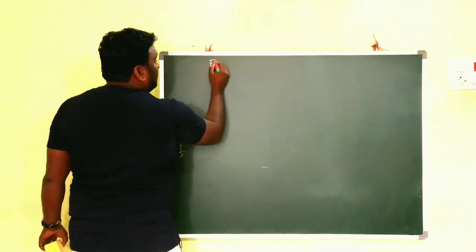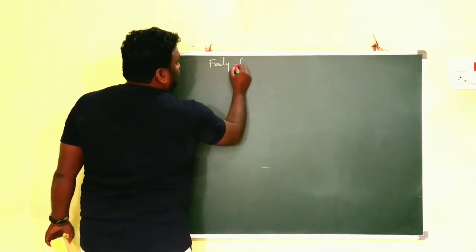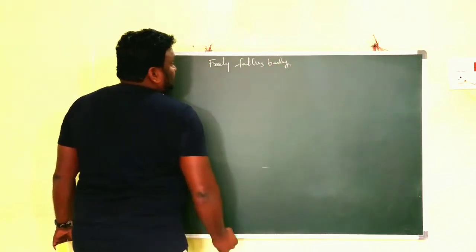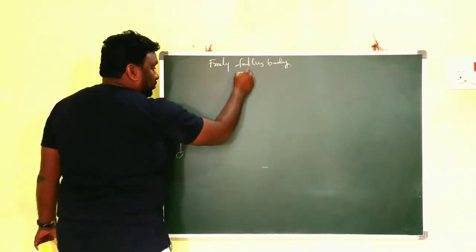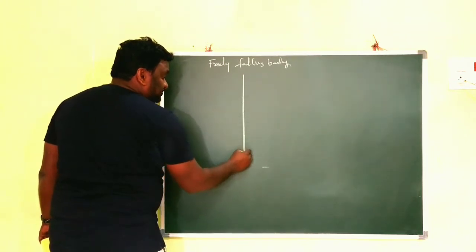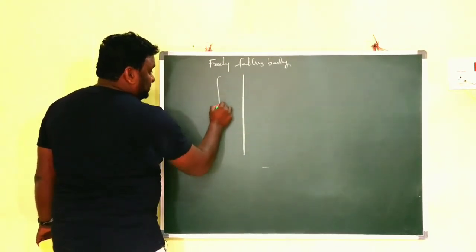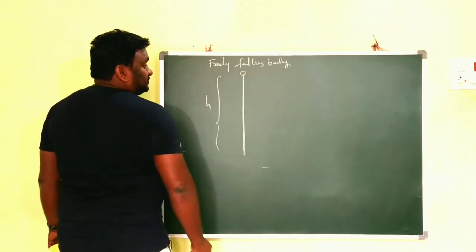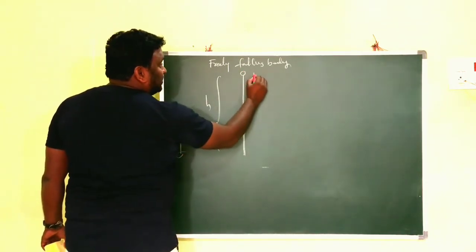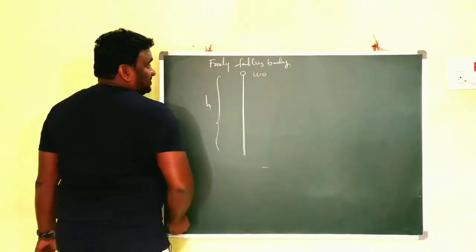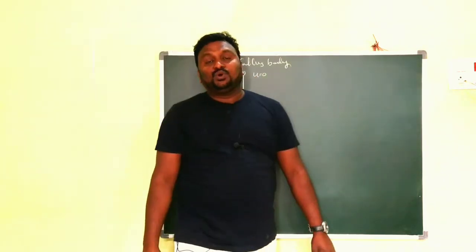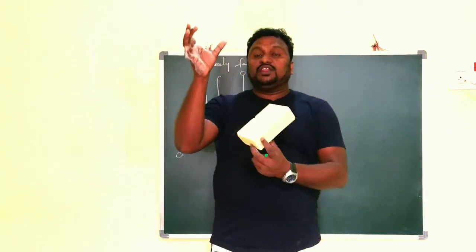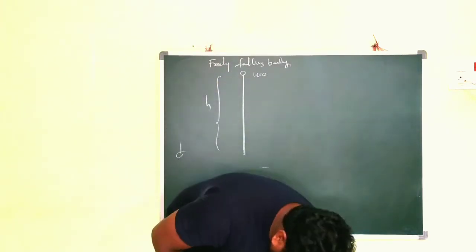It is the freely falling body. Children, for example, a body is dropped from a certain height. This is the height we are taking. The body is dropped at this point. At this point there is no velocity for the body, because to drop any object there is no need to apply any force.